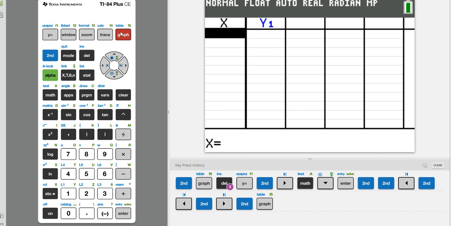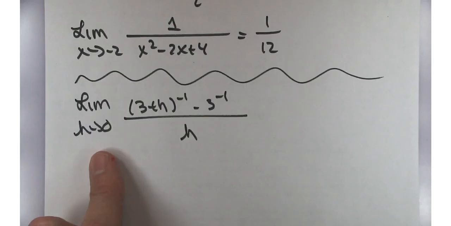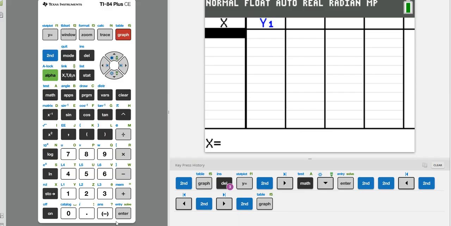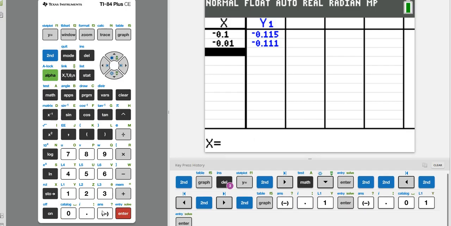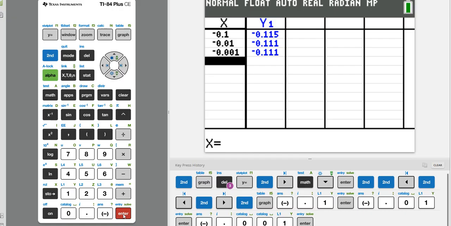So what would be some values that I could plug in to look at the limit as h approaches 0 for this function? Negative 0.001. Yeah. We'll start out with negative 0.1 and negative 0.01 and get to Ethan's suggestion of negative 0.001. Someone finish this off for me.